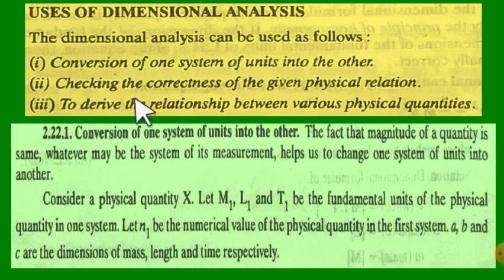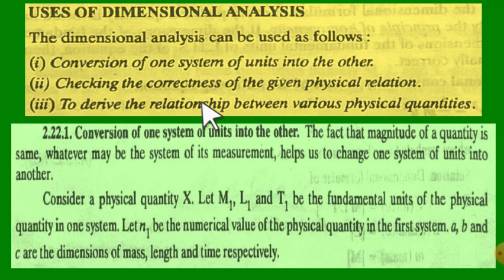Next one is what? Checking the correctness of the given physical relation. That means you are given an equation or an expression, then we can check whether that given physical relation is correct or not, okay? In a given equation, the physical quantities involved on both sides of the equation must have the same dimensions. If they don't have the same dimensions, then we can certainly say that the given relation has some mistake.